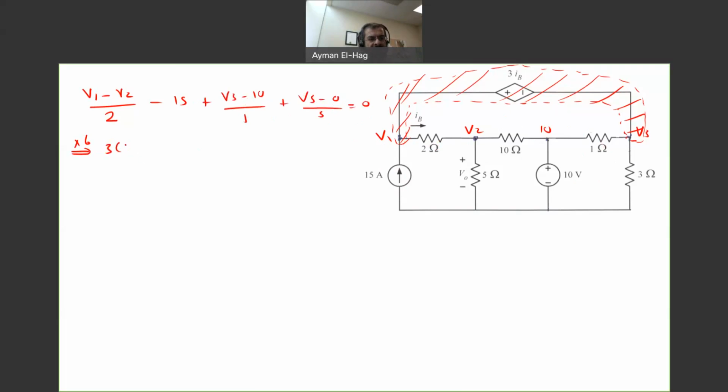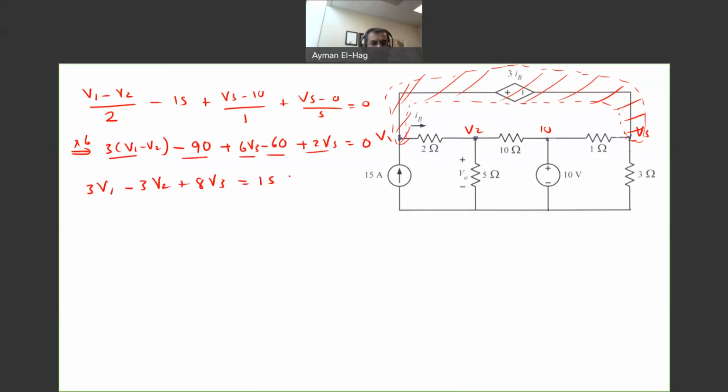So this becomes 3V1 minus 3V2 minus 90 plus 6V3 minus 60 plus 2V3 equal to 0. Now let's add terms. We have 3V1, we have 3V2 with a minus sign, then we have 6 and 2, so plus 8V3, minus 90 minus 60 is equal to 150, and this is our third equation.